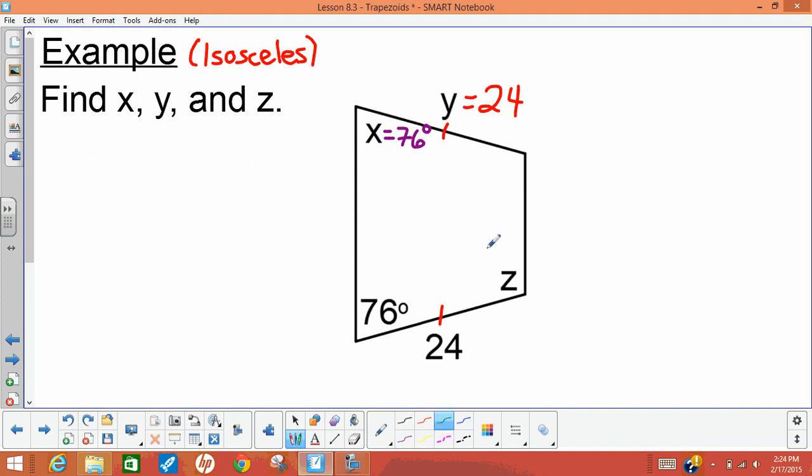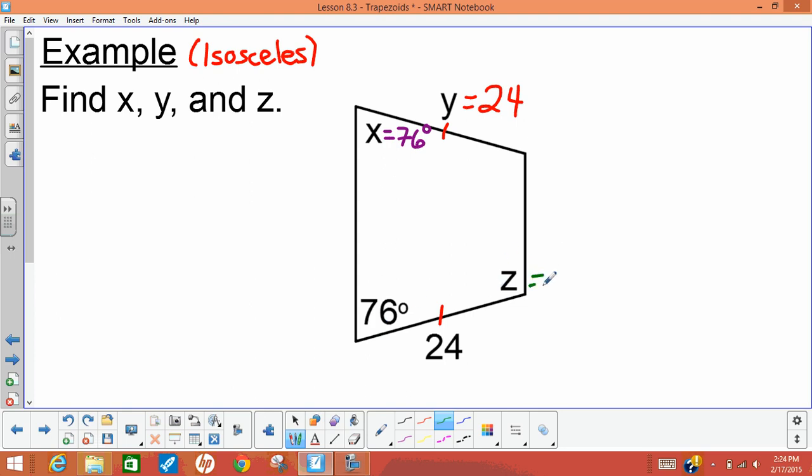And we should know all of these 4 angles add up to 360 degrees because this is a quadrilateral. 540 is a pentagon. If I add all 4 of these, they should add up to 360. And if these 2 are the same, that makes these 2 supplementary. So 76 and z need to add up to 180.